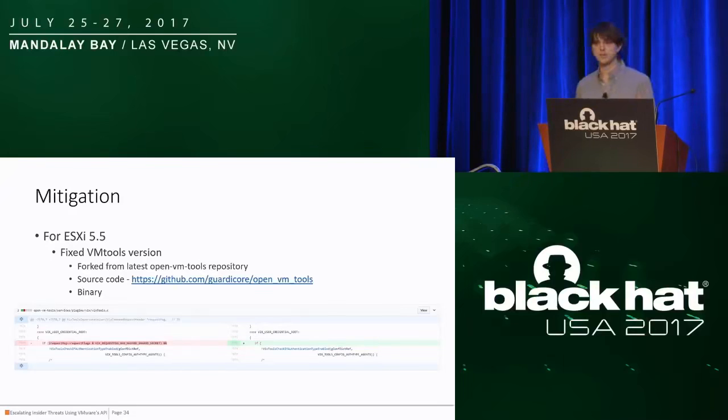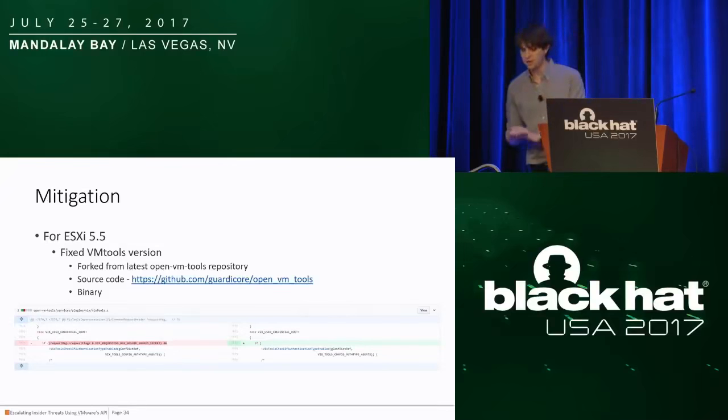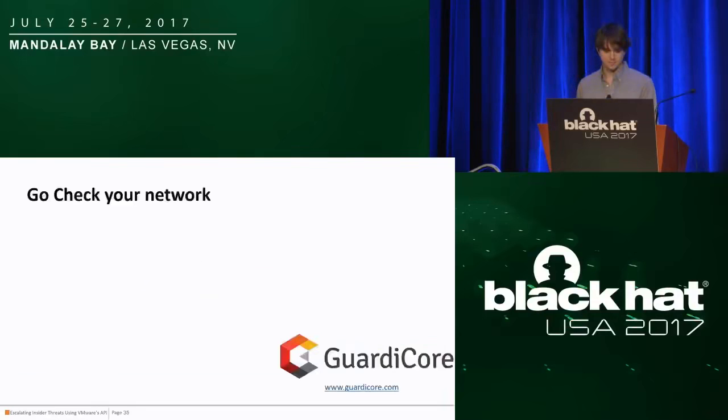We will make this version's source code available to the public, and we will also provide a binary version of it that you will be able to download from the Guardicore website, together with a procedure with details about how to apply these fixed binaries.